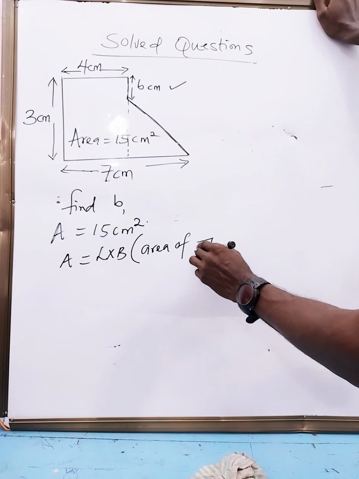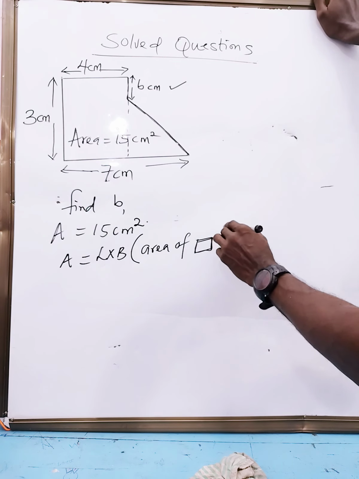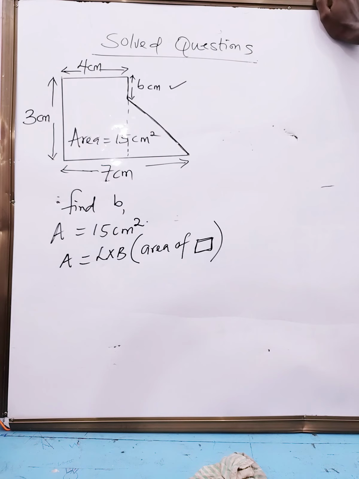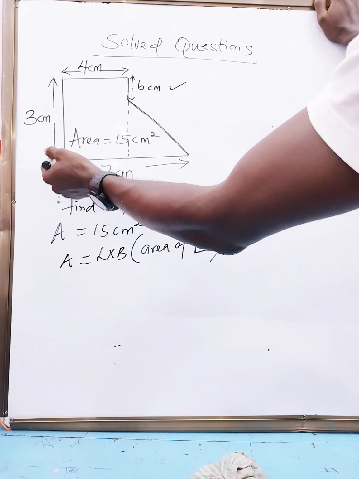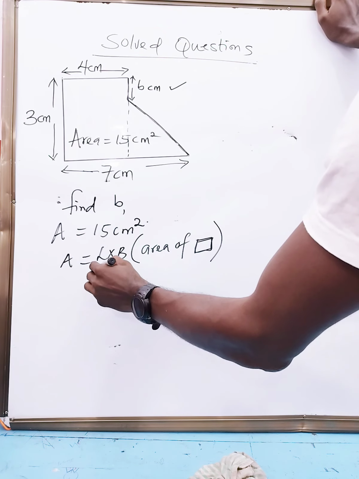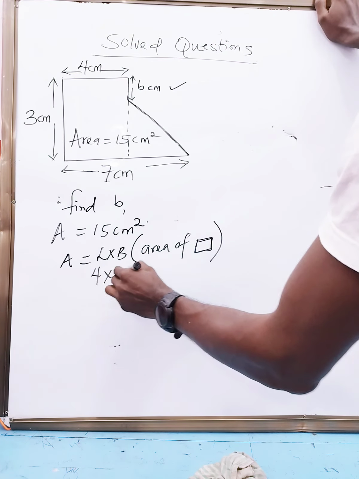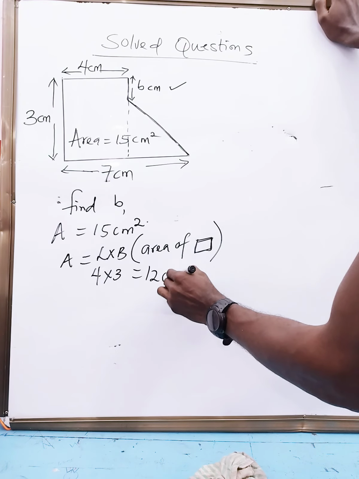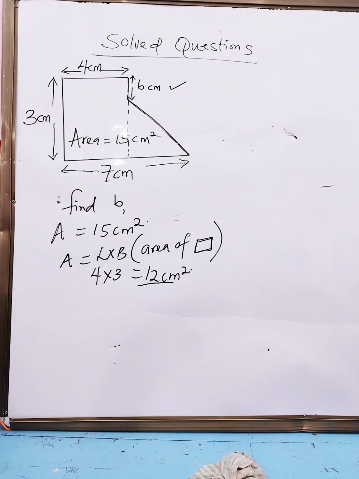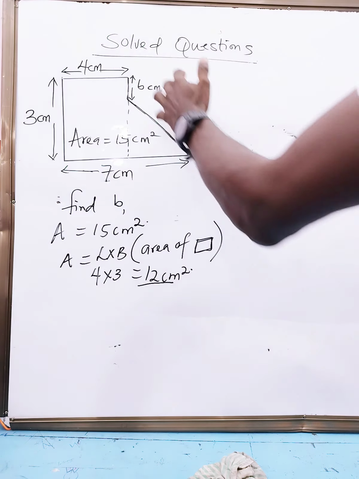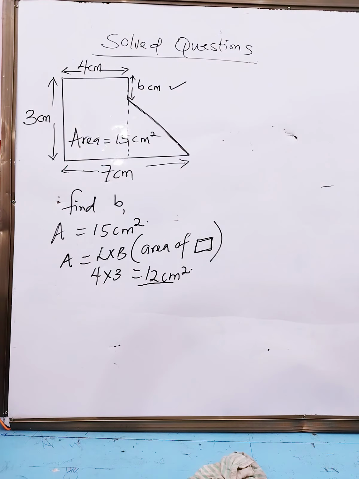The length here is longer and these are the breadth, so we have 4 times 3 equals 12 centimeters square. This is the area of the rectangle.